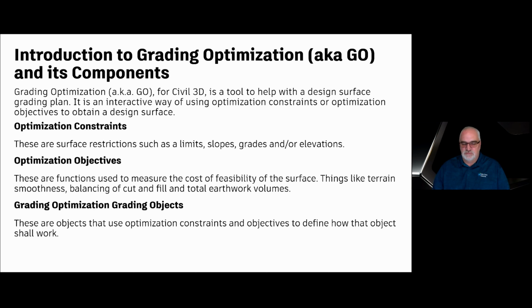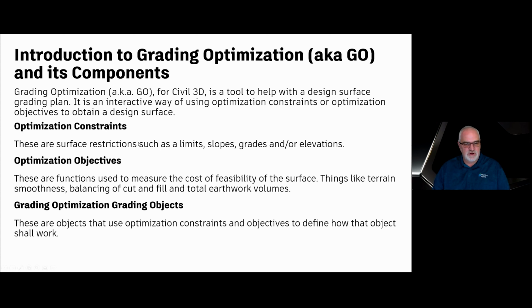Grading optimization, I'll refer to it as GO so I don't have to spit out the mouthful. GO for Civil 3D works with what's called optimization constraints, optimization objectives, and grading optimization grading objects. All three of these we'll be covering.